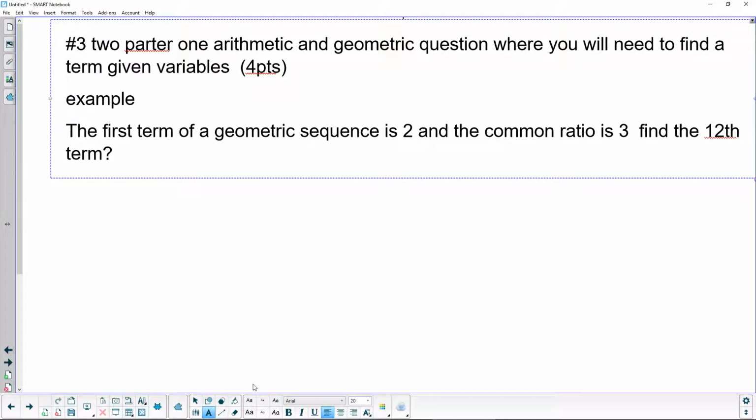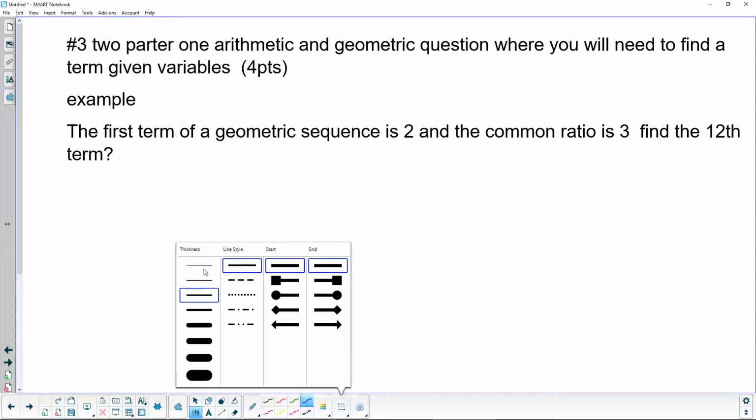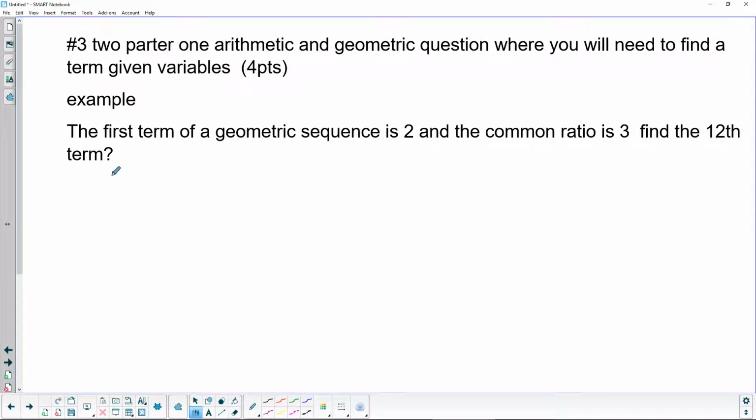So if we were to do this one, we want to find Tn of a geometric one, so that's T1 times R to the n minus 1. So we want the 12th term, so T12. T1, first term is 2, R is 3. We want the 12th term, 12 minus 1.